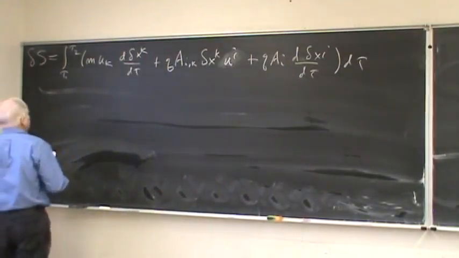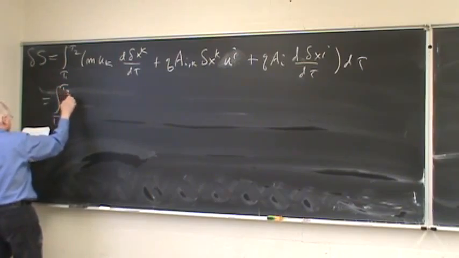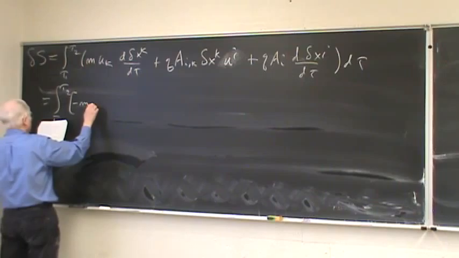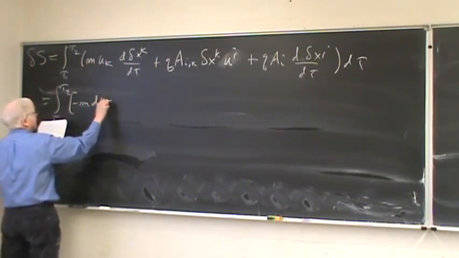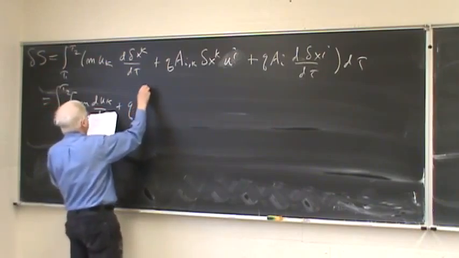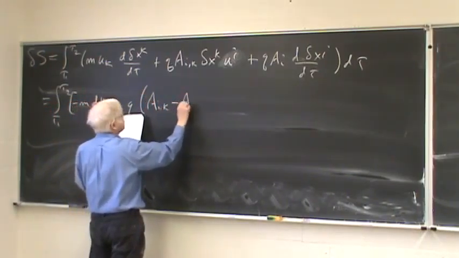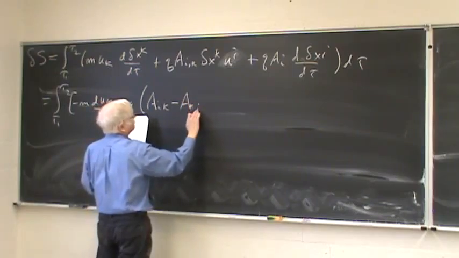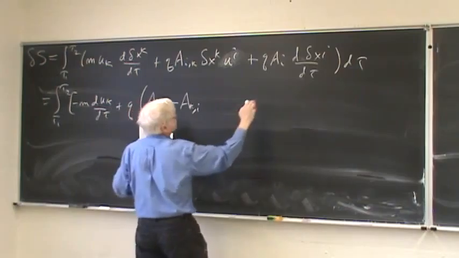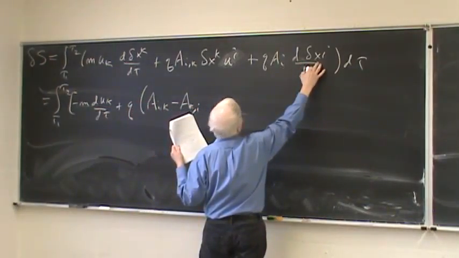And so what this is, τ1, τ2, minus m du_k/dτ plus q times A_i comma k minus A_k comma i, I guess I changed indices here.